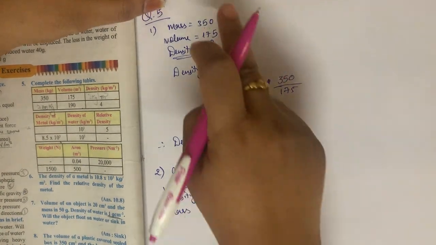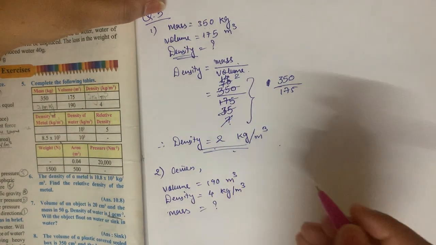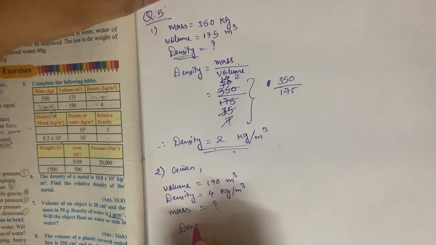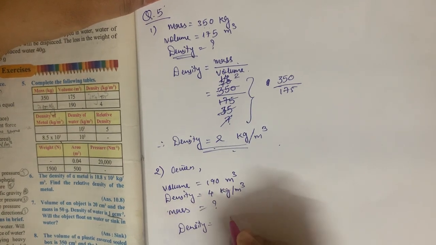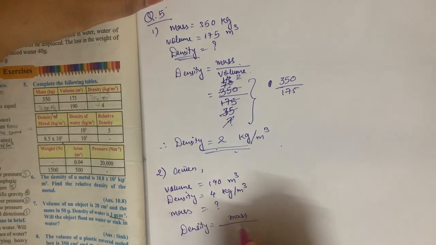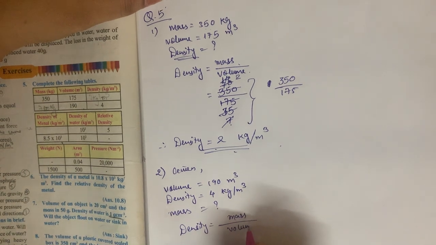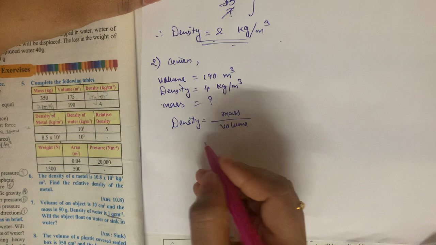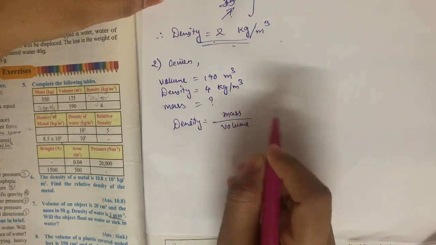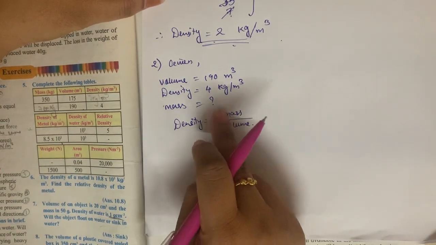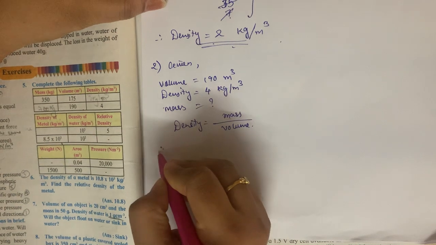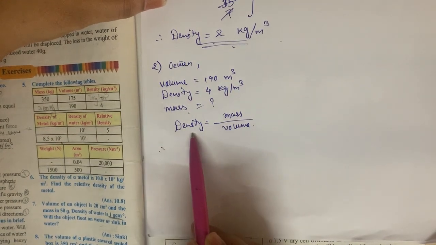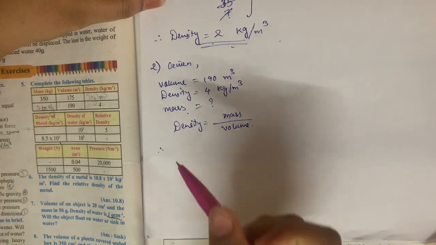So my dear students, you are using the same formula, that is density is equal to mass by volume. So what are you going to do? You can make mass the subject, because that is the thing which you have to find out, and you already have the values of density and volume, which are given in the question.